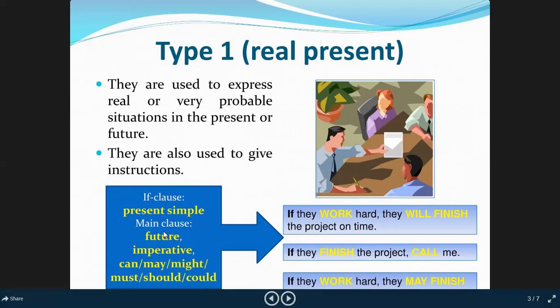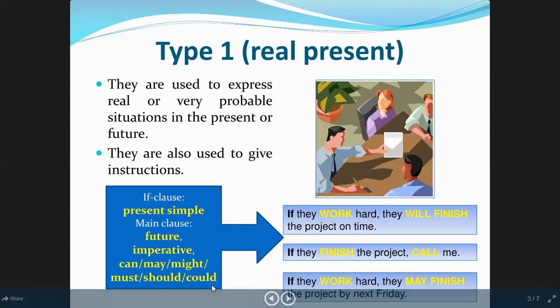And what comes in the main clause? There is future simple, or an imperative type of sentence. You can see can, may, might, must, should, could. They can come from the modal verbs.